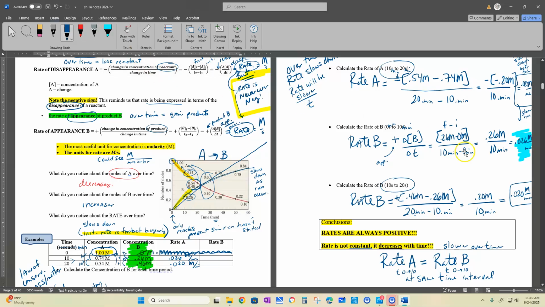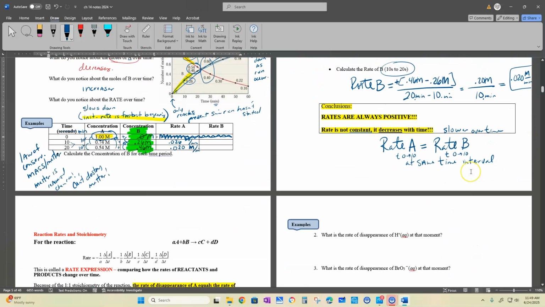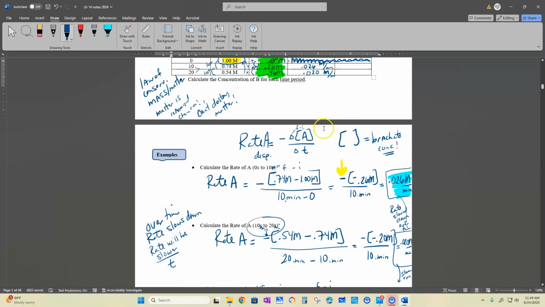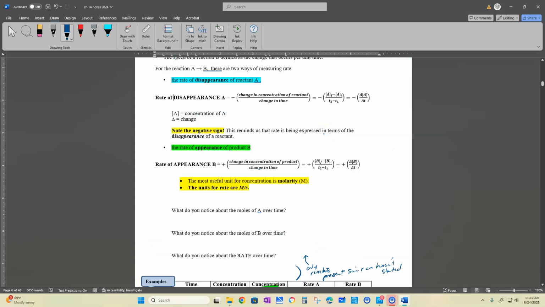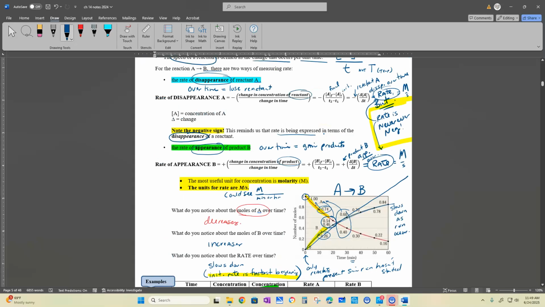So we have something called a rate expression using stoichiometry. So let me get to this last part. What happens when you have actual coefficients? Notice in the example above, our A to B is a 1-to-1 ratio.